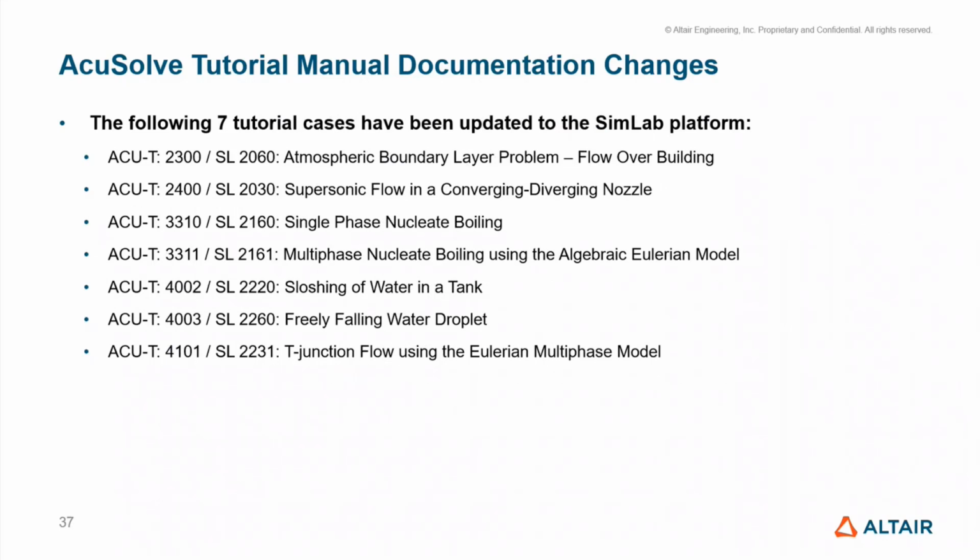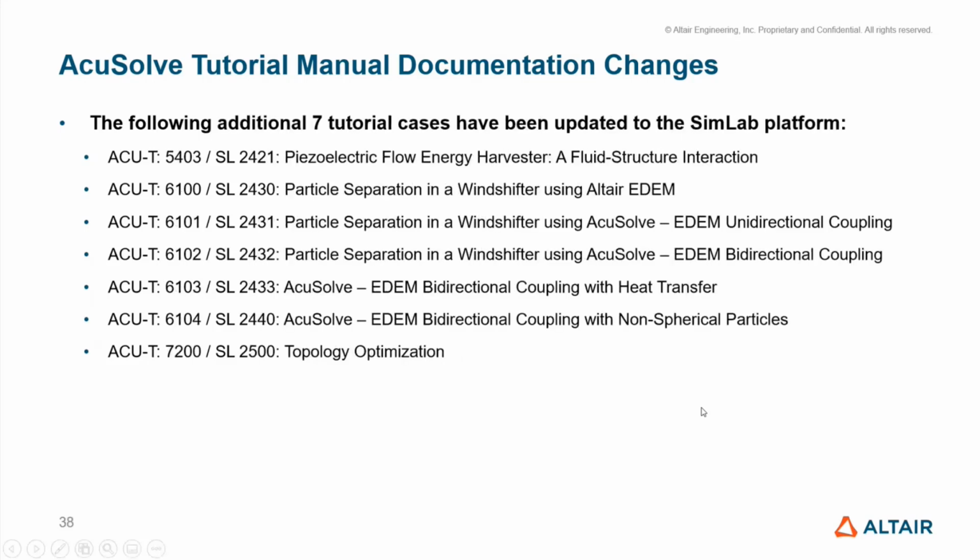So 14 new tutorials have been converted to the SimLab interface. 7 of them are shown here: atmospheric boundary layer, the compressible flow, nuclear boiling, just to name a few. The other 7 are shown here, the bulk of which are the AcuSolve EDEM coupling options.